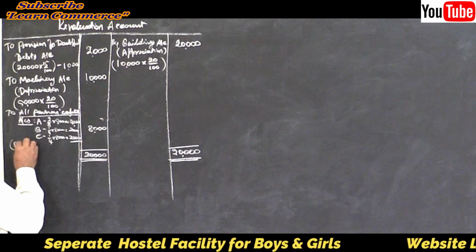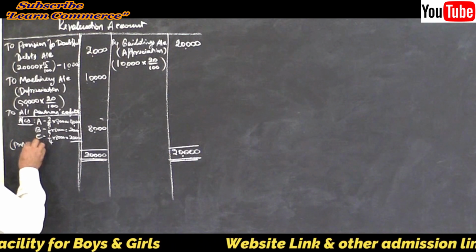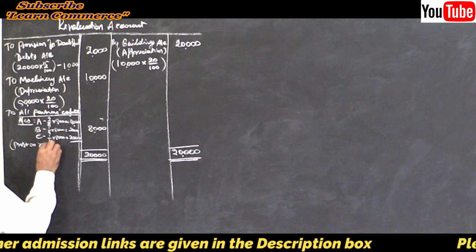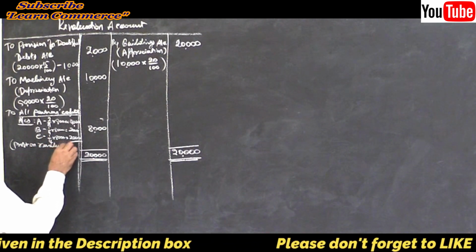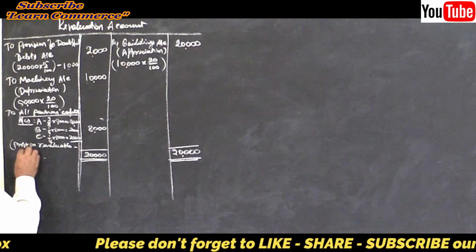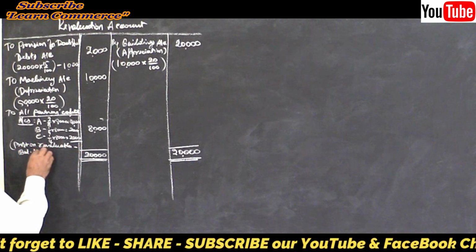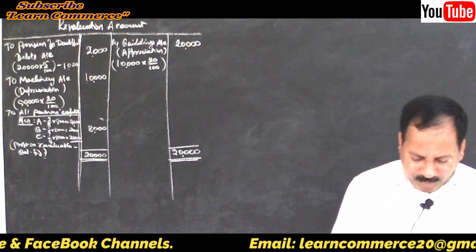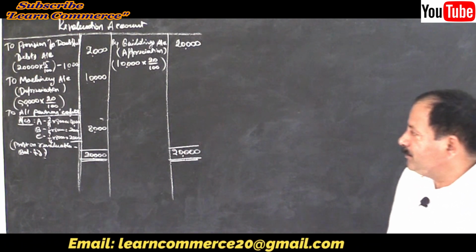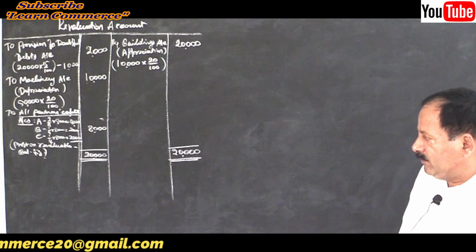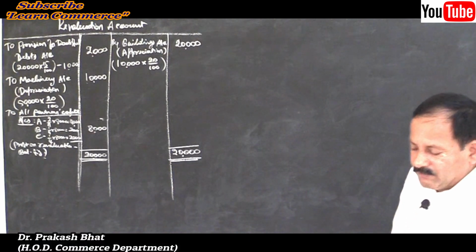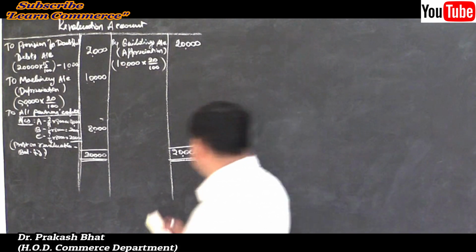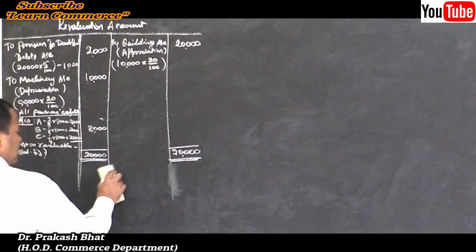Narration: profit on revaluation, balancing figure. 8,000 is the profit, isn't it? Now let us give a working note here.